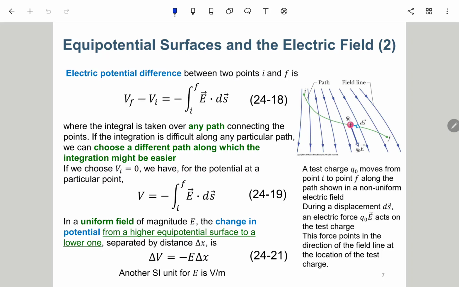So here we come to some more rigorous mathematics. Here we introduce another integral called the line integral. In chapter 23 we learned something called the surface integral. Here we try to learn something called the line integral.